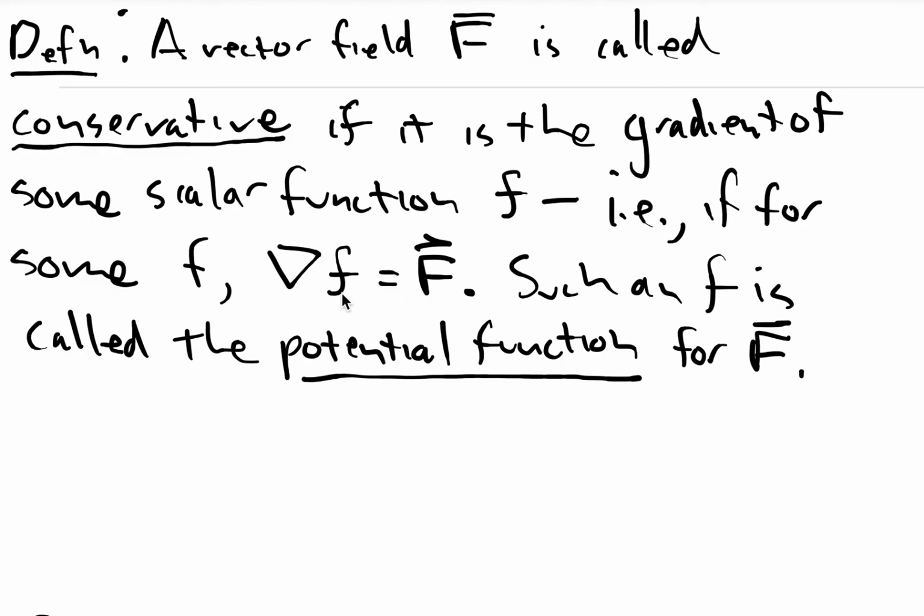And in that case, if there is some corresponding scalar function that you took a gradient of to get that capital F in the first place, we're going to call that a potential function. So basically what I'm getting at is, can I find some little f that, when you take a gradient of it, you get this capital F?